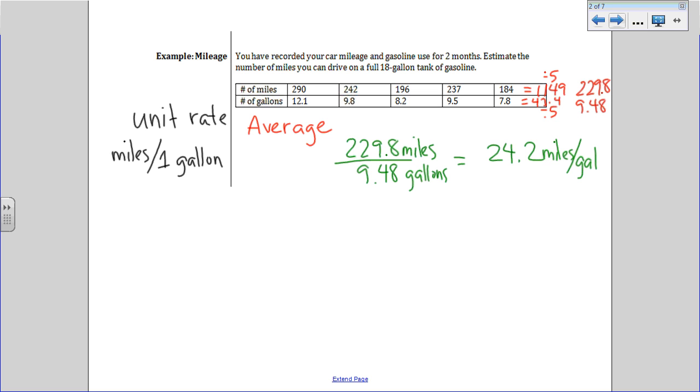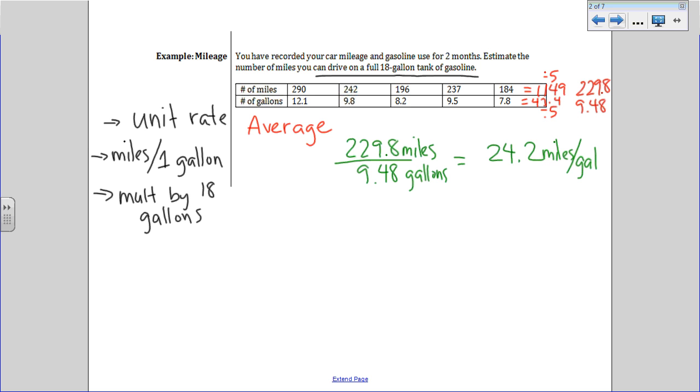We're doing a lot of math here. So let's go back and look. I want to determine how many miles I can drive on a full 18-gallon tank of gas. So we've got to think about this. If I know I can do 24.2 miles in 1 gallon, how does that help me find the number of miles on 18? Well, we found a unit rate, the miles per gallon, and what that allows me to do is then multiply by the 18 gallons.